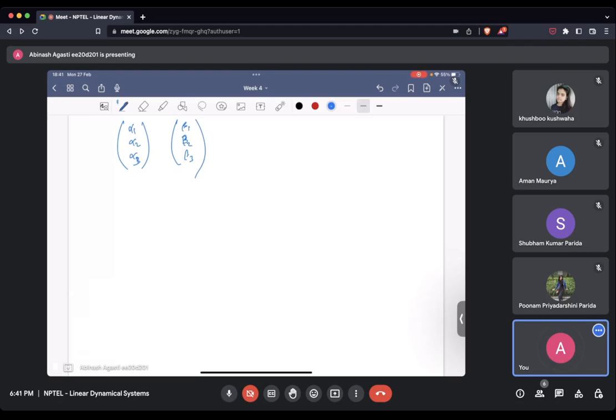Let's take linearly dependent first. These two vectors are said to be linearly dependent if there exist non-zero a and b such that a times the first plus b times the second is equal to 0, for some a, b not equal to 0.